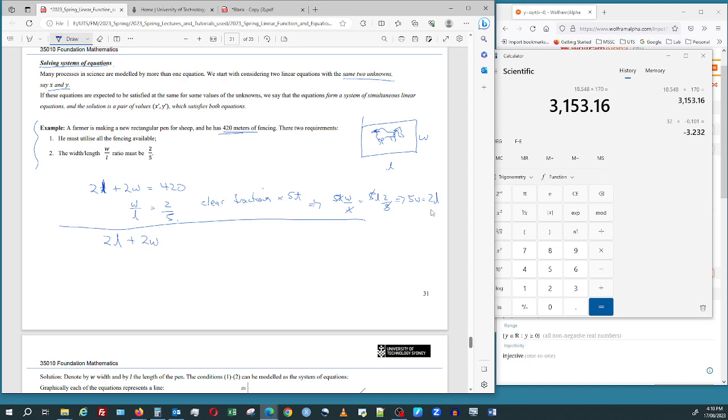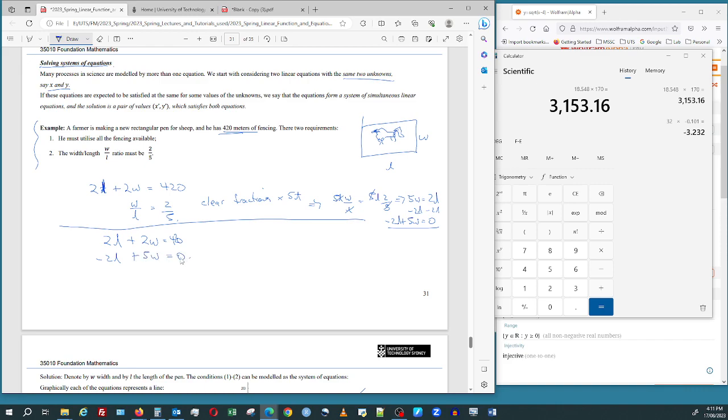If I subtract the 2W and 2L, we'll get minus 2L plus 5W is equal to 0. So we're replacing the manipulated equation with minus 2L plus 5W.